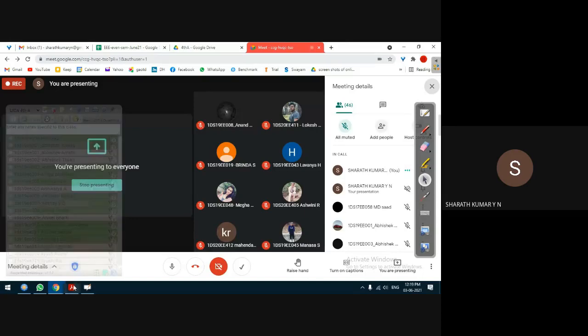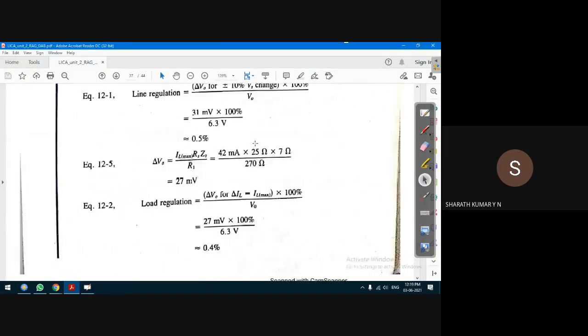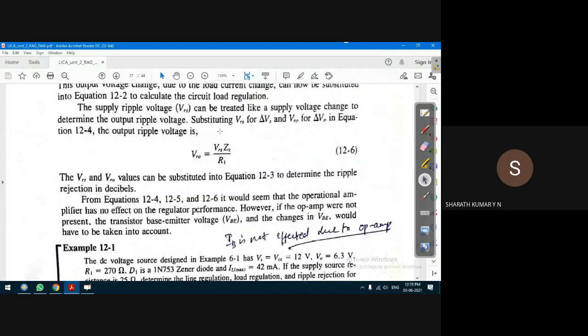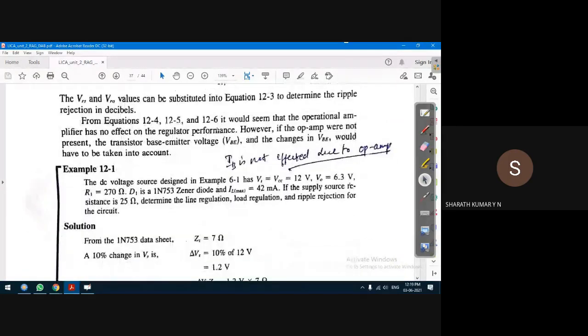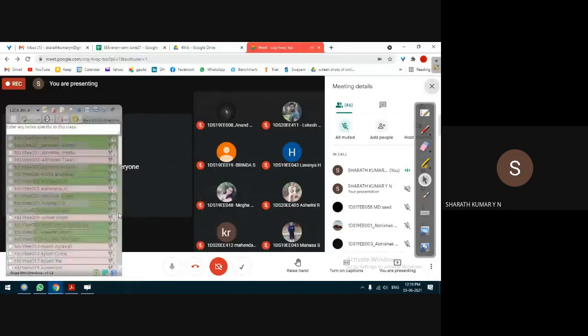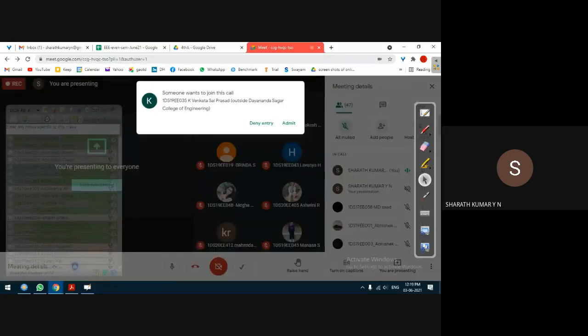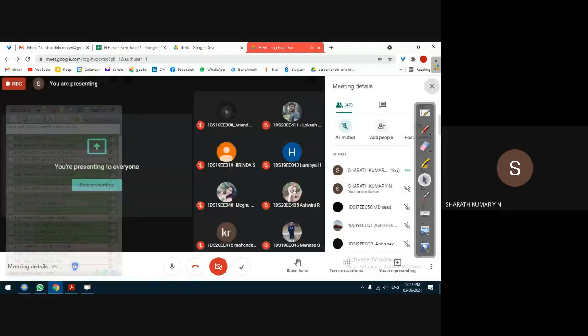I think we didn't discuss the numerical problems, so let us quickly look into them to understand the design metrics and design factors, which ultimately affect the performance of DC voltage regulators.